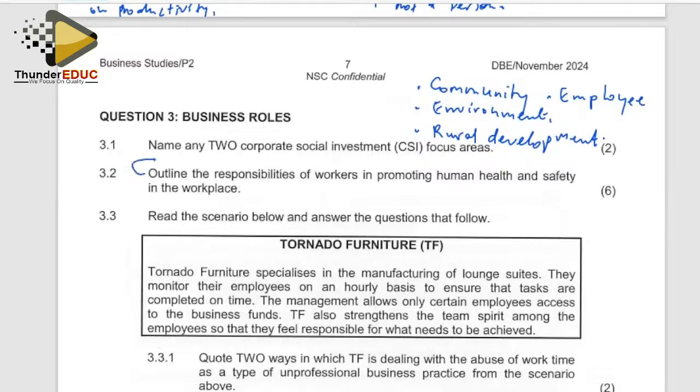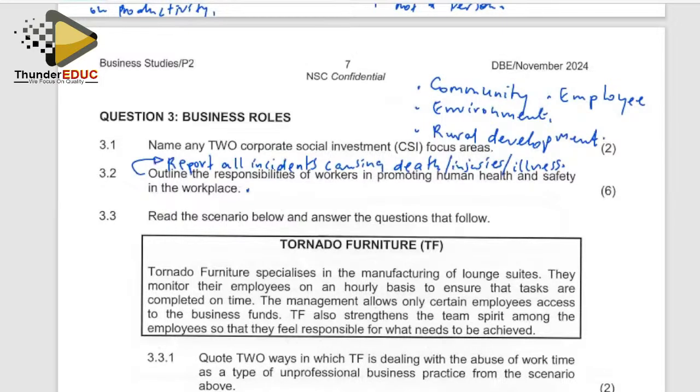Okay, right. So now we're saying that they must report all incidents causing death, injuries, or illness.